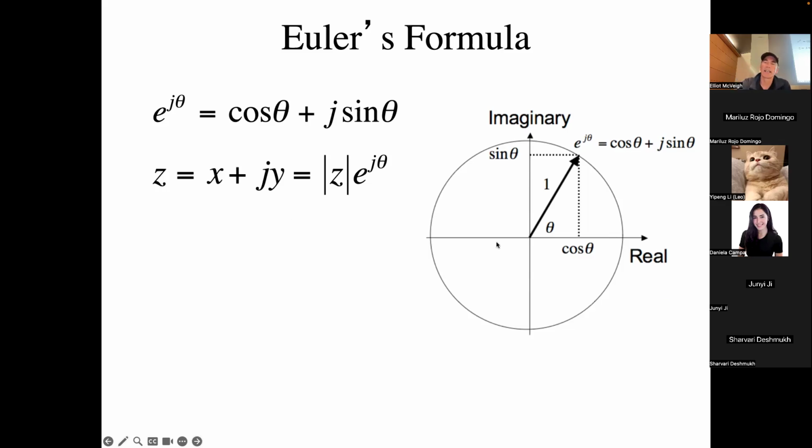And so when you're looking at where this comes from, if I have a unit circle in the complex plane, so I have a length of 1, this number, e to the jθ, has cos θ as its real component and sine θ as its imaginary component.